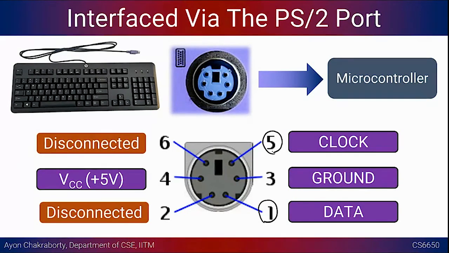Because you need some kind of synchronization between the microcontroller and the keyboard. This is a digital bus, and these 2 devices need some kind of agreement on how they send the data, at what speed they will send the data, when they will stop, and when they will start resending the data again.